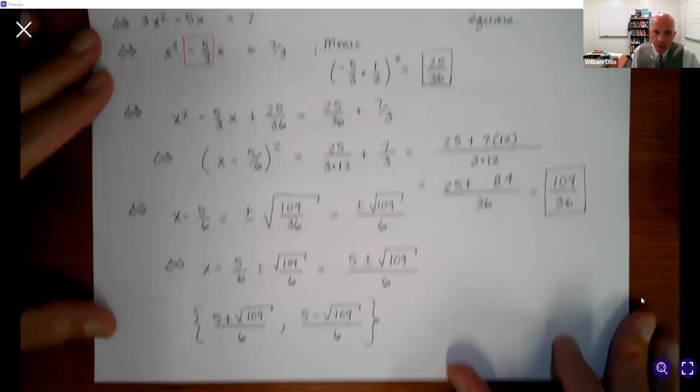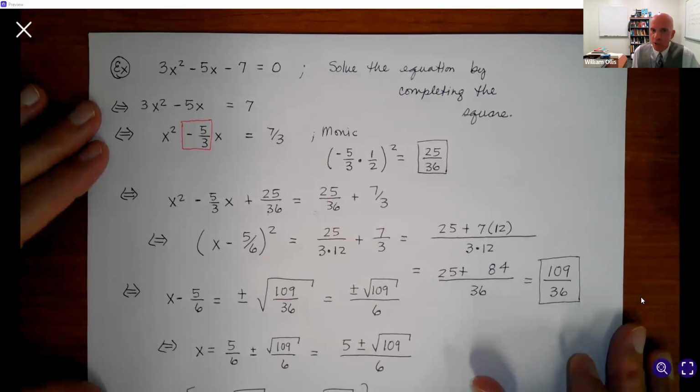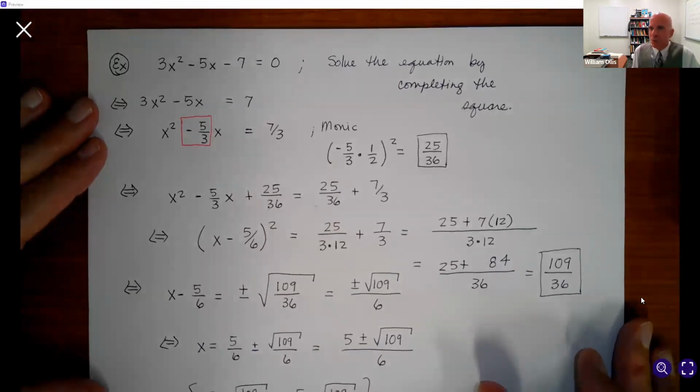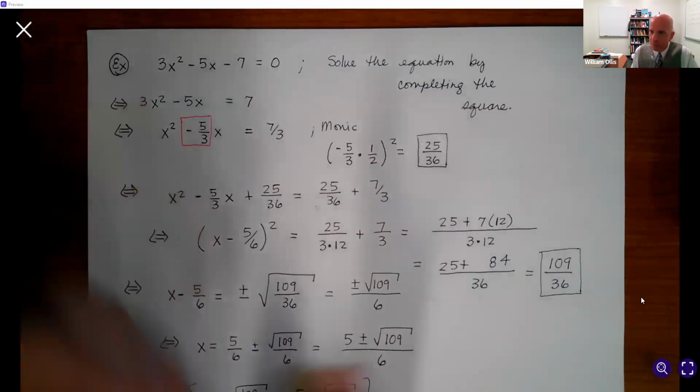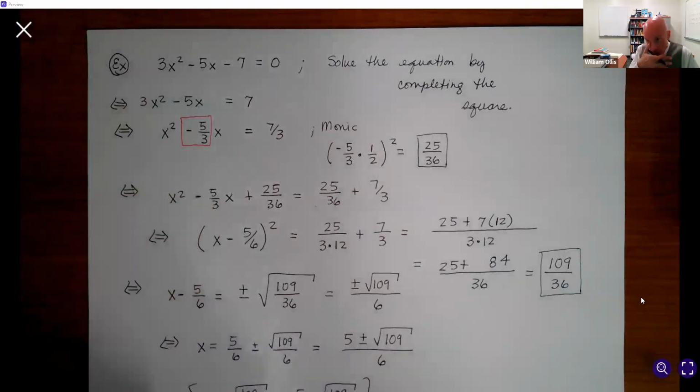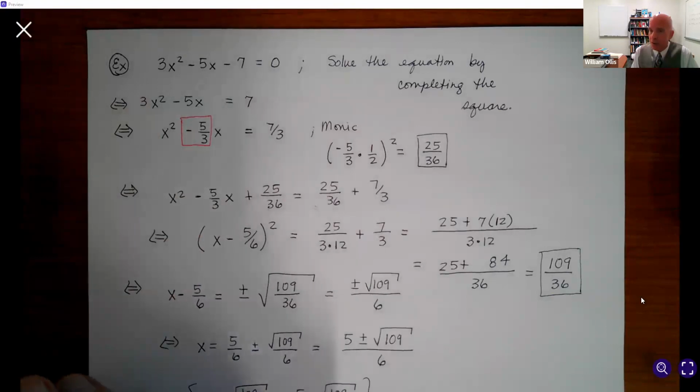So the key to completing the square, you might think, boy, I don't really want to complete the square if I'm just solving a quadratic equation, because there's really no need for it. Now, like I said before, completing the square has many uses in your classes as you continue in college algebra, pre-cal, and the calculus sequence.